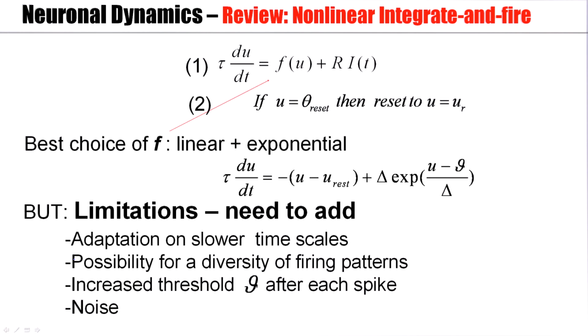There's a fixed threshold. However, we need to make this parameter theta somewhat dynamic. And then, this is a deterministic model. It has no noise. Now, these additional points will be discussed in the next lectures of this week. We'll get rid of these limitations.